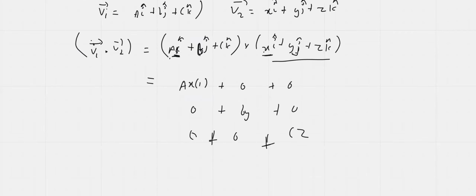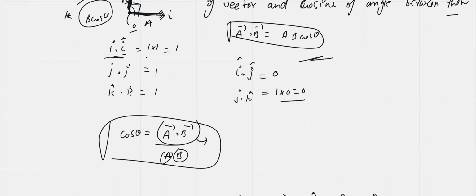So simply, if you are given a dot product, what you can do is multiply i to i, j to j and k to k, and you will get the answer of v1 dot v2. This is what the scalar product is all about.